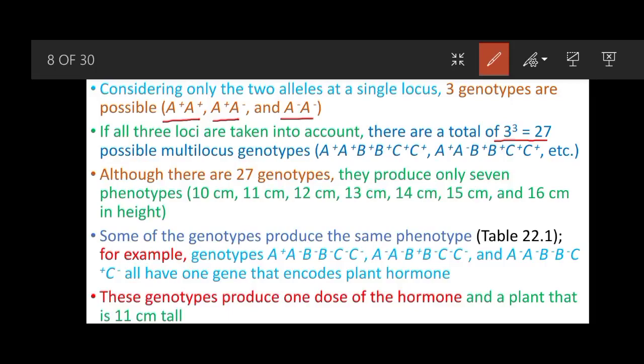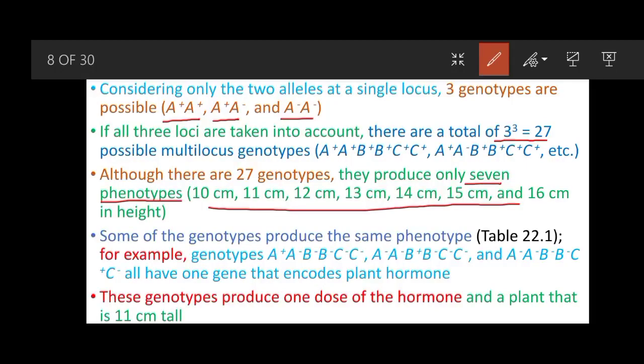Although there are 27 genotypes, they produce only 7 phenotypes. There are 7 different heights of the plants: 10, 11, 12, 13, 14, 15, and 16 centimeters. So there are many genotypes, but the encoded phenotypes are only 7.